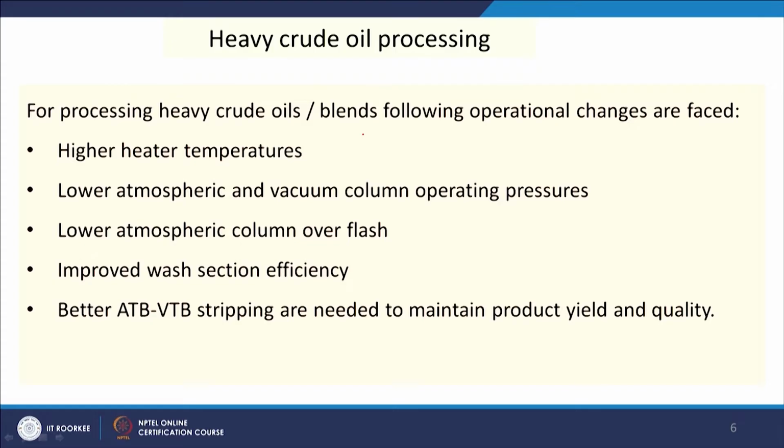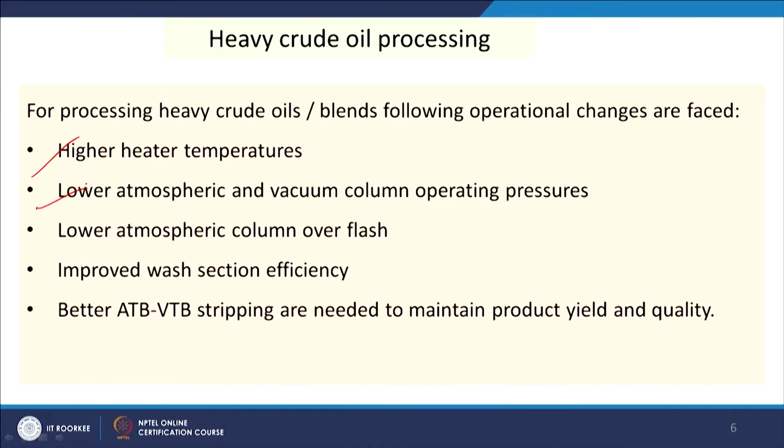And for processing heavy crude oils or blends, these are the challenges: higher heater temperature. So, we need to put higher heater temperatures because the material available in the feedstock is of high molecular weight. So, we need more temperature for its distillation, and lower atmospheric and vacuum column operating pressure.